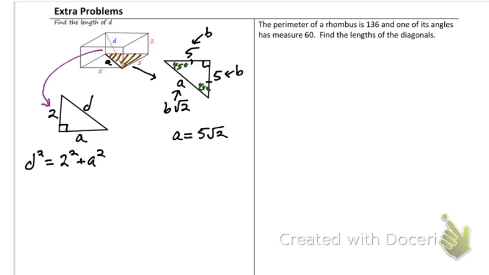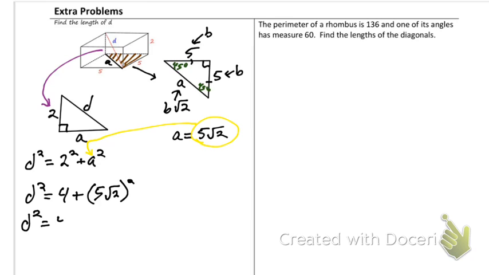Now we could take that 5 square root of 2 and plug that in place of our A down here. That's going to give me D squared equals 2 squared, which is 4, plus 5 square root of 2 squared. Let's just keep going.